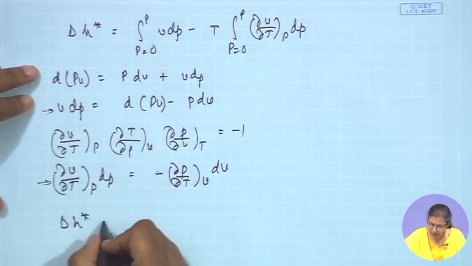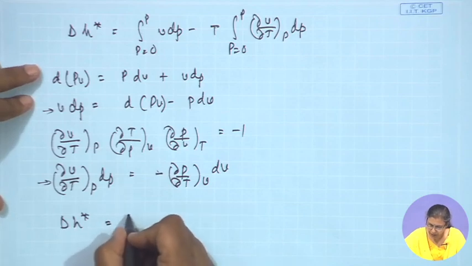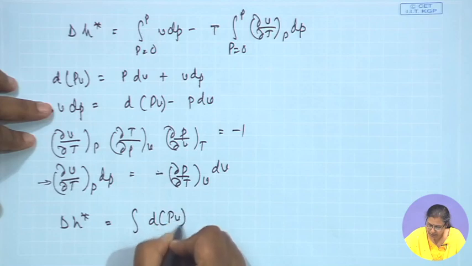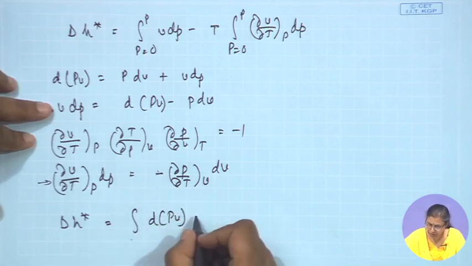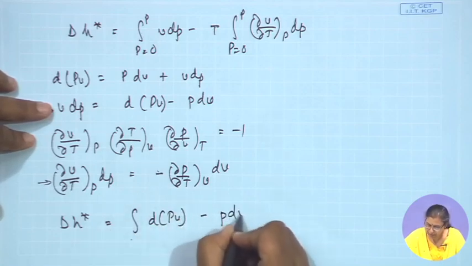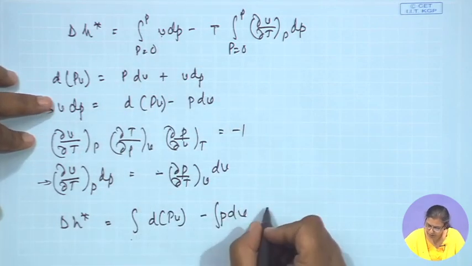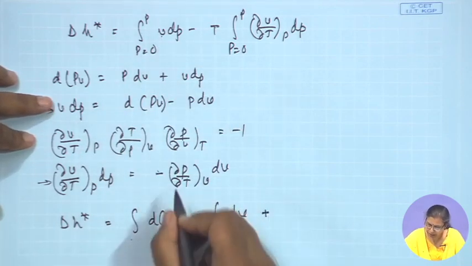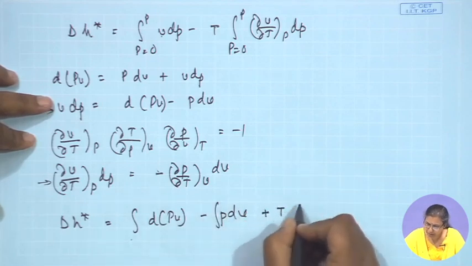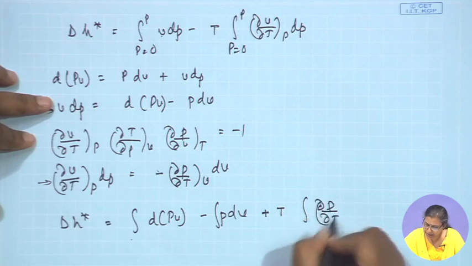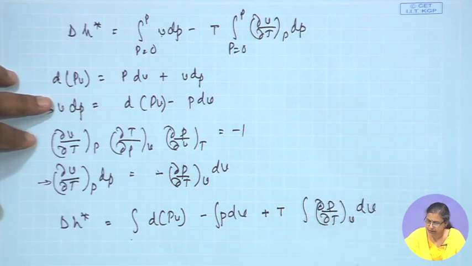What does the expression become? Delta H star becomes, instead of V dP, we write d(PV), and we will put the limits later on, minus P dV. Instead of the other term, we have minus becoming plus T (del P/del T) at constant V dV.